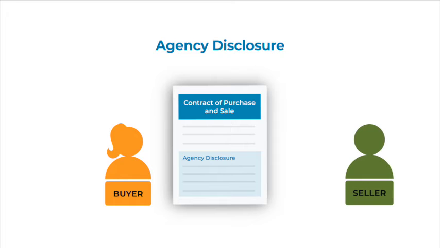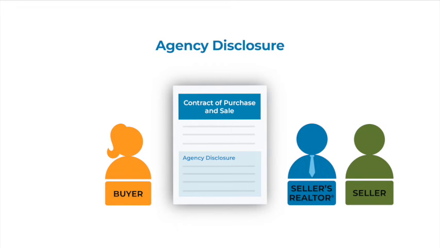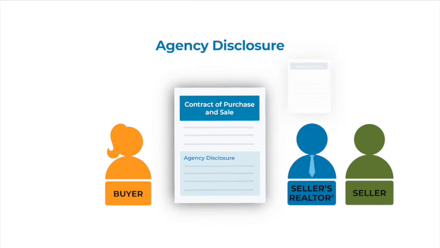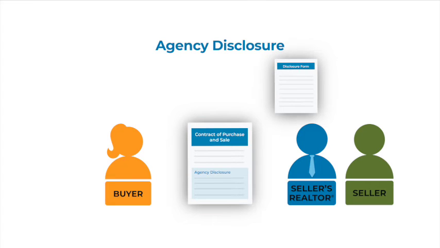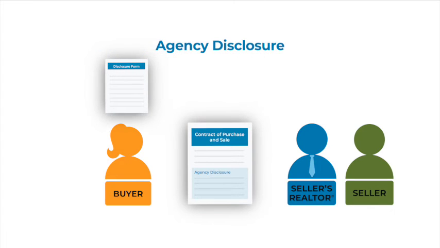In this case, the realtor who represents a client in the transaction is required to provide the unrepresented party with the appropriate disclosure forms to explain the risks of not being represented. The unrepresented party initials the appropriate box on the contract of purchase and sale residential to acknowledge that there is no agency relationship and that appropriate disclosure has been made to them.